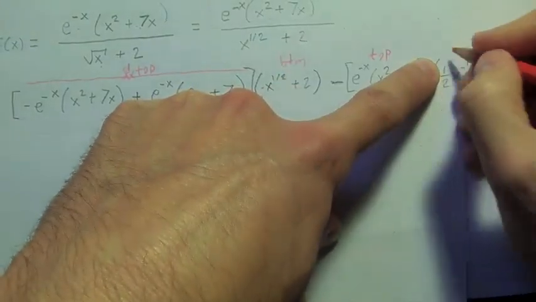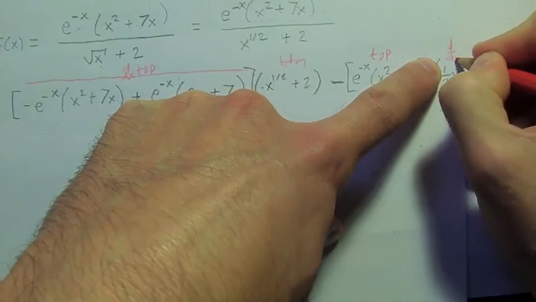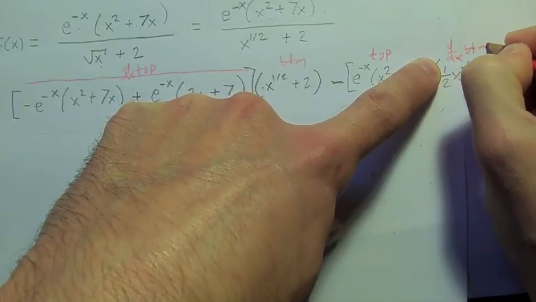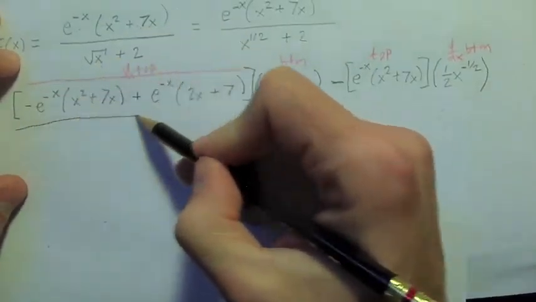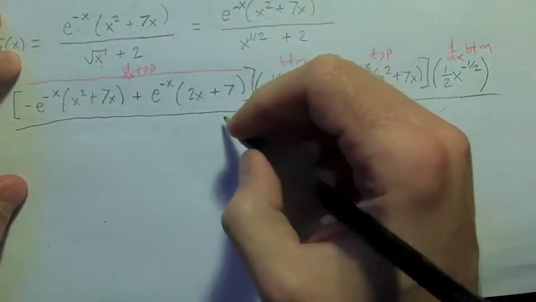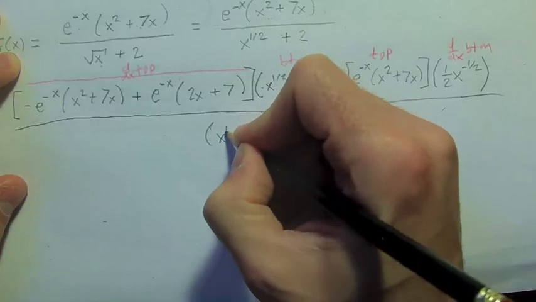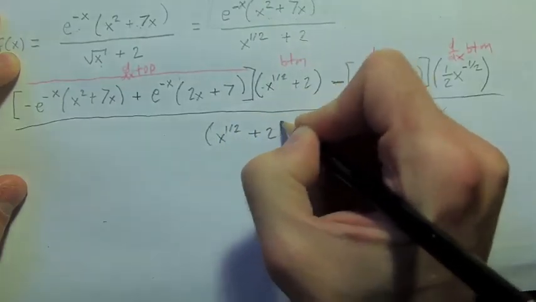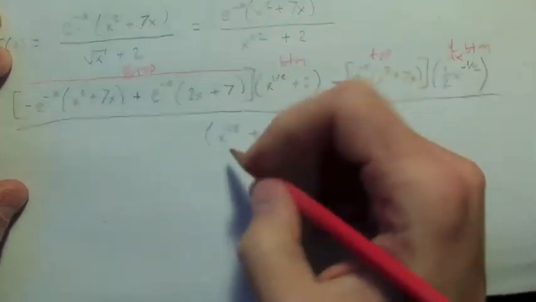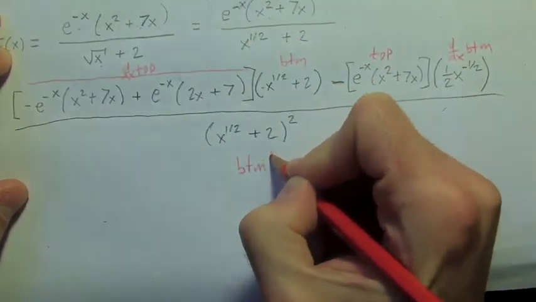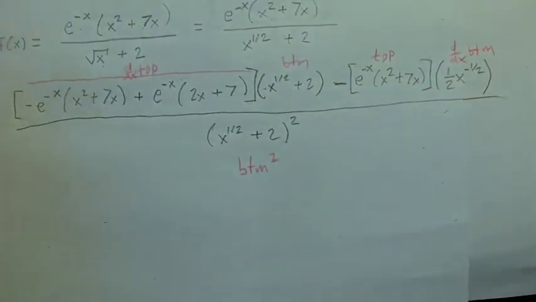So this is the derivative with respect to x of the bottom. Then the final piece is all over the bottom squared, which will be x to the 1/2 plus 2, all squared, and that is that.